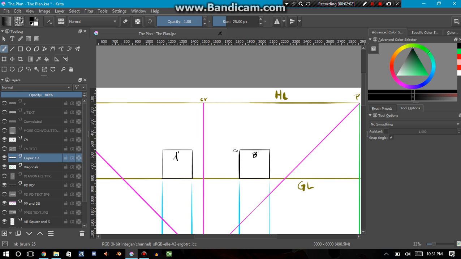And that means that all the lines that recede off towards the vanishing point are basically at a right angle to our picture plane. And that's why the center of vision is our vanishing point.